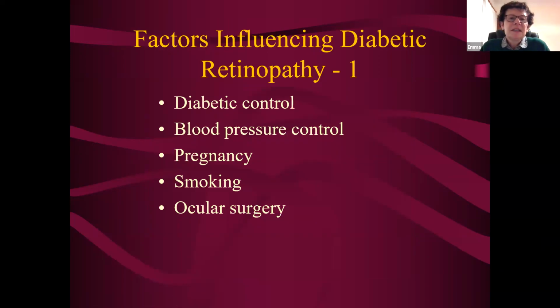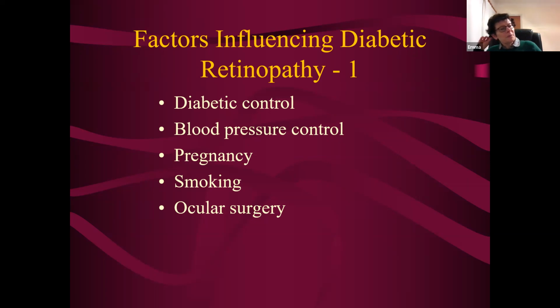So what are the factors influencing diabetic retinopathy? Well, diabetic control. We all know that if you don't control your diabetes, you have a much higher chance of developing complications of diabetes. Blood pressure is extremely important as well. You need to keep your blood pressure tightly under control if you're a diabetic, because any ischemic drive will worsen your diabetic retinopathy.